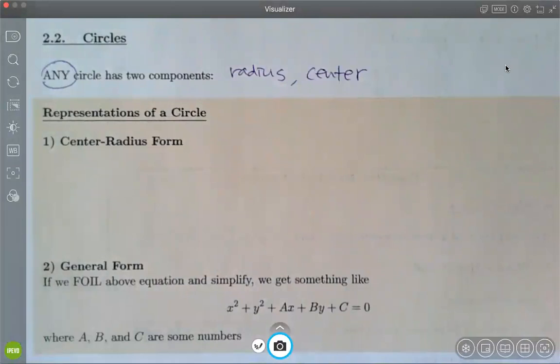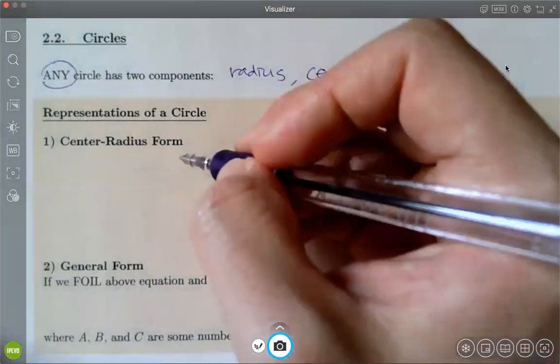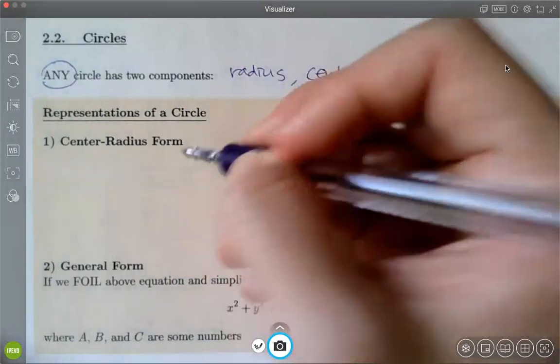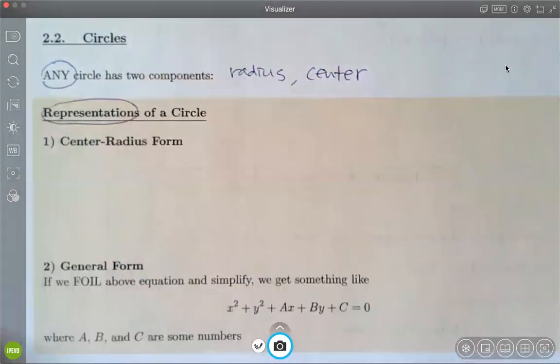And that leads to the following, okay? So there are two representations of a circle. So here representation means formula, okay? And maybe you didn't know that there are formulas for a circle, but there is, okay? And the first one is called the center radius form.